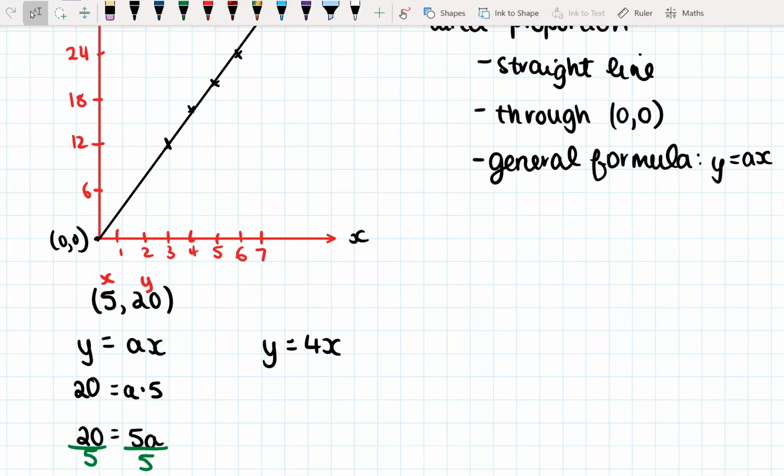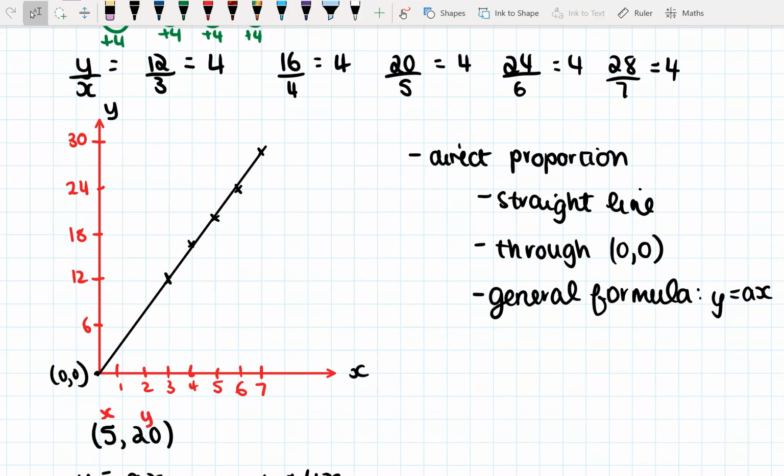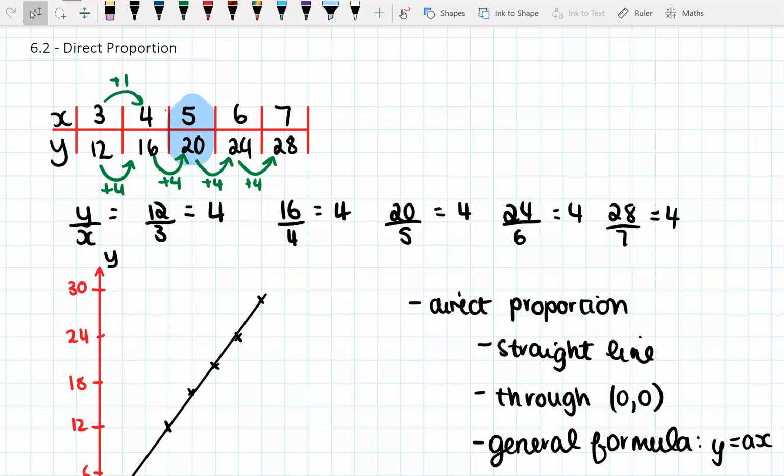Your general formula is always y equals ax, and all you have to do in order to work out what that formula is, is substitute one of these points in. This is for direct proportion. With direct proportion, if you look at your table, your values go up by the same amount each time in proportion to the x increase.